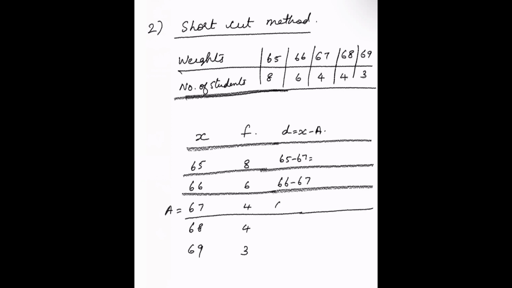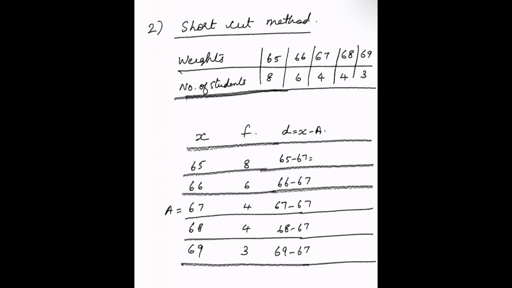Next line is 67 minus 67. Next line would be 68 minus 67. And the last line is 69 minus 67. So I'm subtracting the assumed mean from each of the observations.